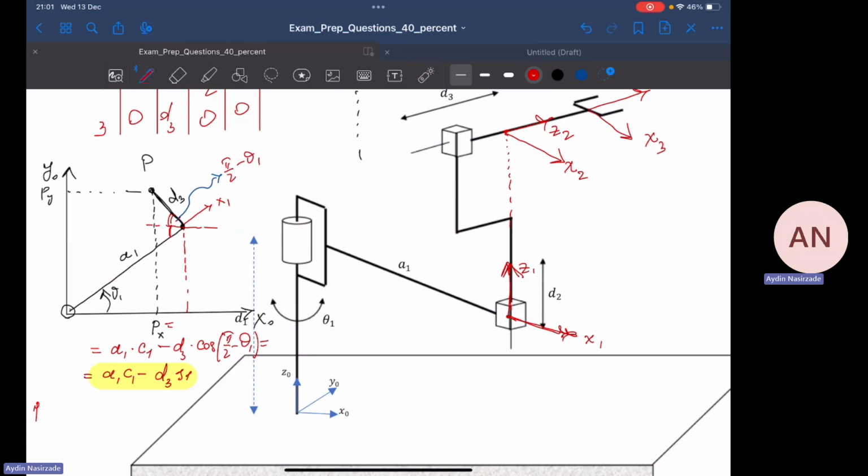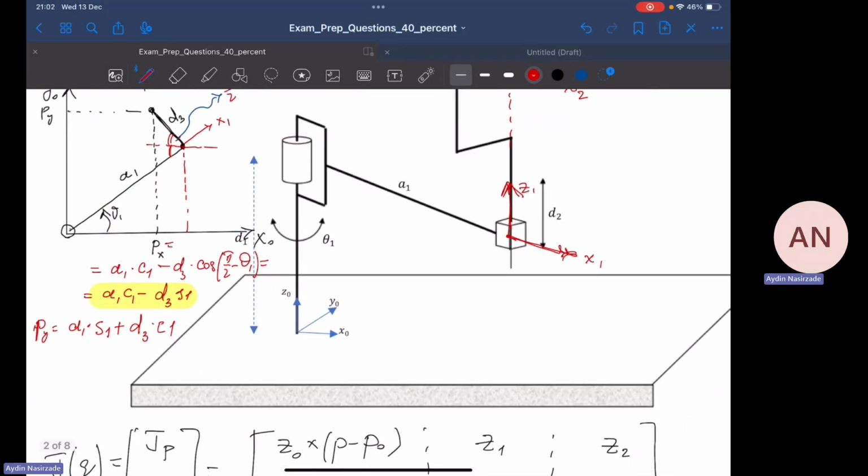Py becomes a1 times sine of theta 1 plus, from this triangle, this side, which is d3 times sine of pi by 2 minus theta 1, which in turn is cosine of theta 1. So I can write it shortly, d3 times cosine of theta 1.